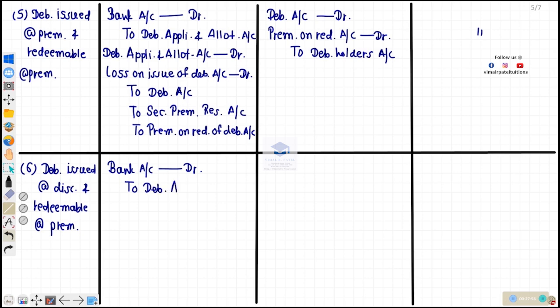Bank account debited to debenture application and allotment account 90. Debenture application and allotment account debited 90.